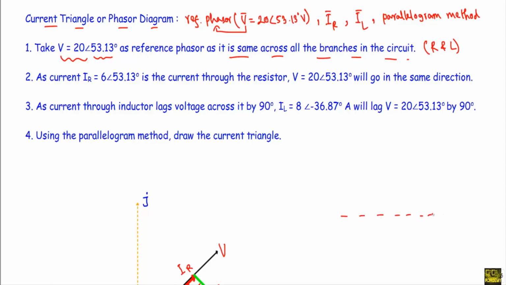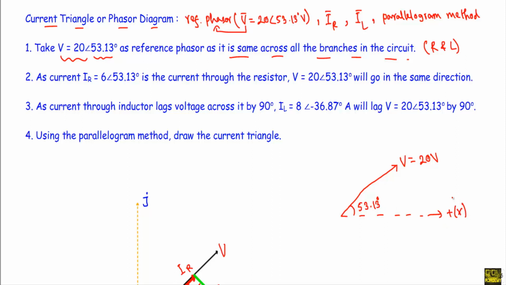Let's say this is our positive x-axis. The reference phasor has a voltage of 20 volt. It will create an angle of 53.13 degree with respect to plus x-axis.